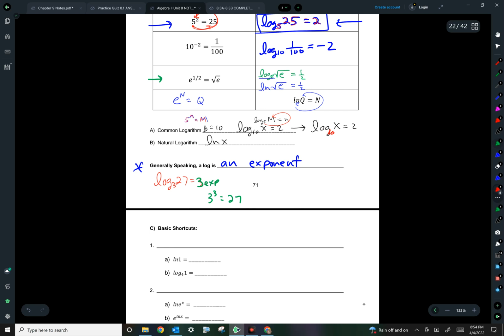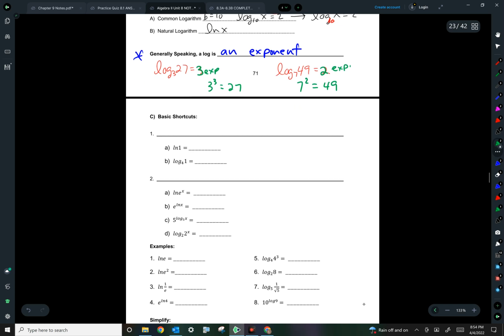Or I could just as easily have said log base 7 of 49 equals 2. So that 2, the log equals 2, is an exponent, because aren't I actually saying 7 squared equals 49? So a logarithm always equals an exponent.